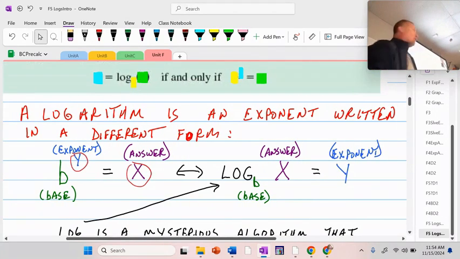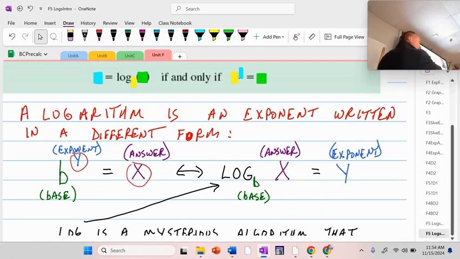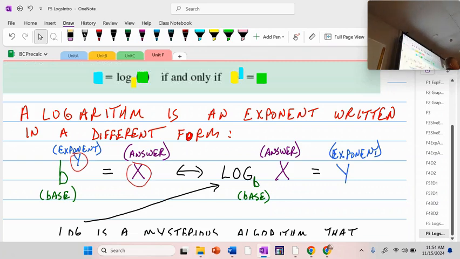When you stick the word log in front of this exponential scenario, the next thing that happens is everything flips around. The base comes down here as a little subscript. The answer to this exponential scenario goes here, and the exponent is now isolated all by itself on the other side of the equation.